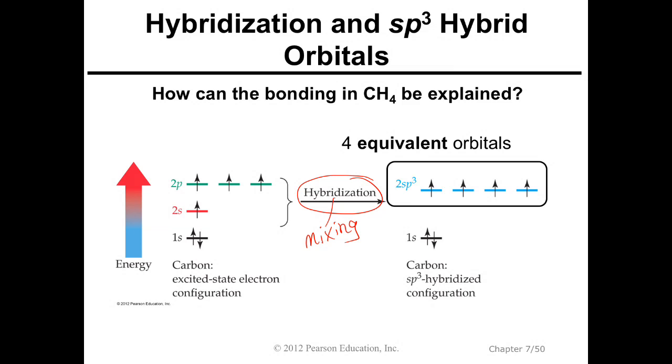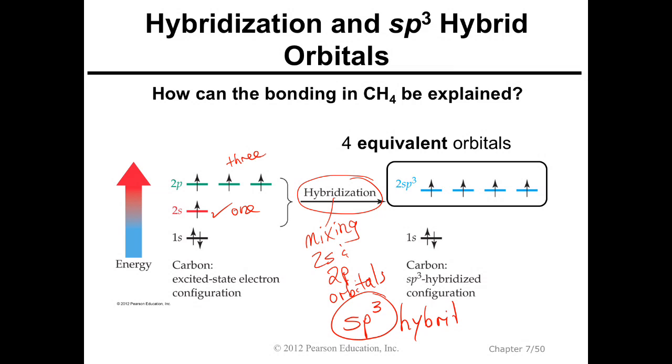You mix the 2s and 2p orbitals, and because you've got 1 s and 3 of the p's, this is called an sp3 hybrid orbital.